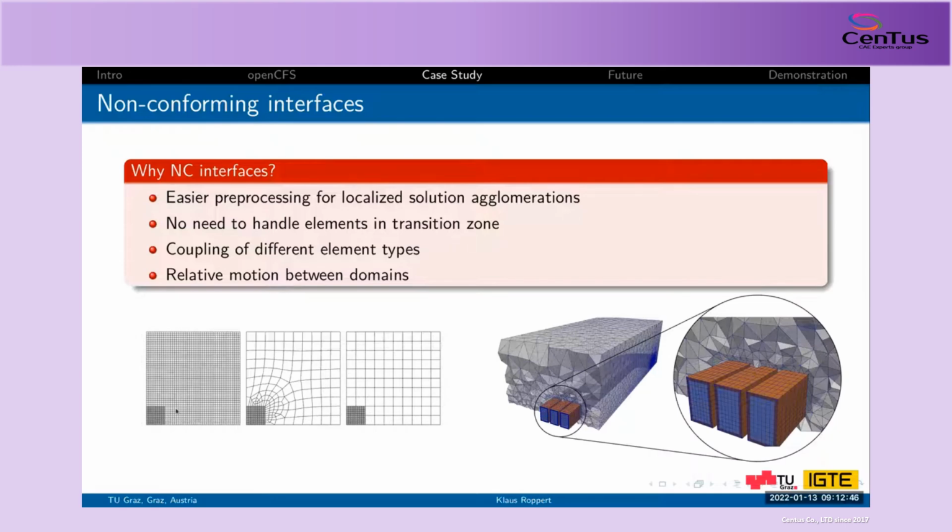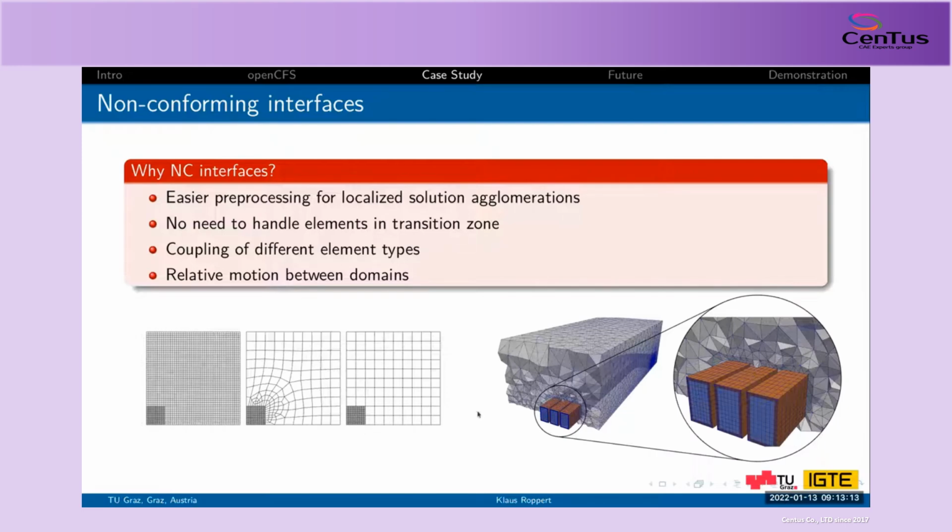So you could either mesh everything with the fine mesh, which results in an unnecessarily large number of degrees of freedom. You could introduce some transition elements where you might run into trouble of ill conditioning and increasing condition number of the system. Or the approach we're using is to simply, let's say, glue the meshes together mathematically via the non-conforming interfaces.